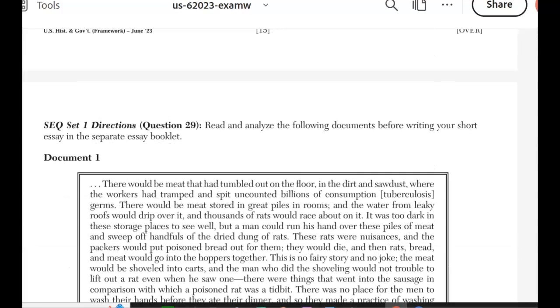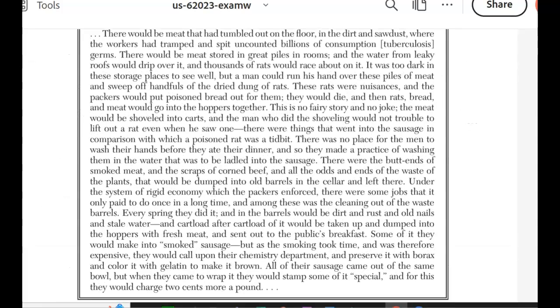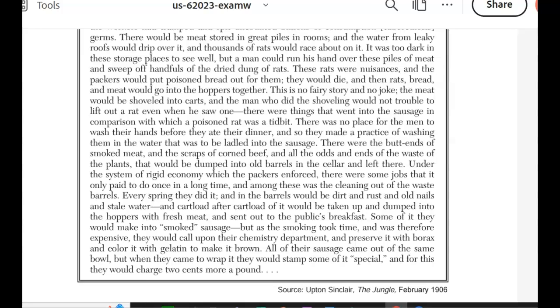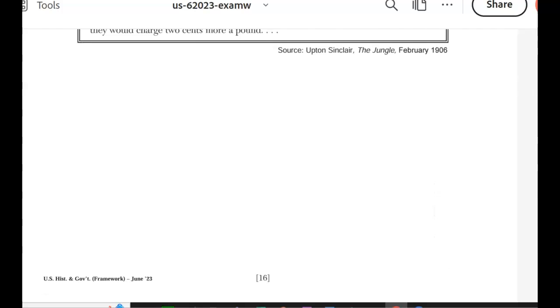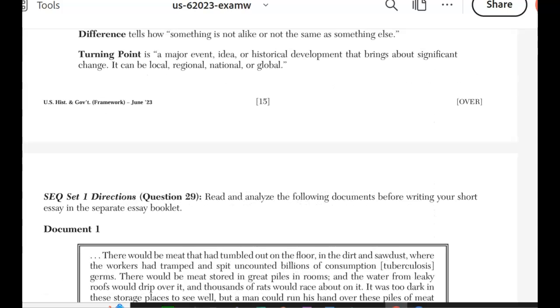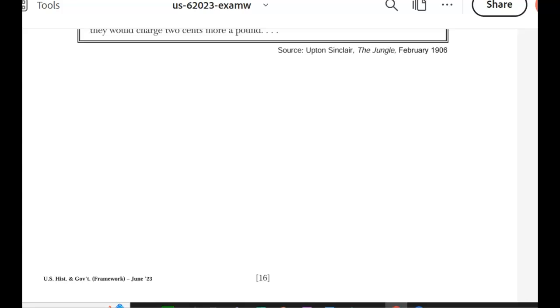So what's the historical context? First, you have to write a paragraph that puts these two into context. The context, I would say, if I were writing this, is early 1900s.